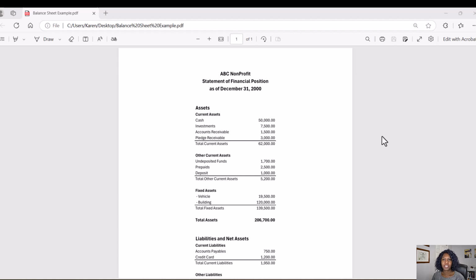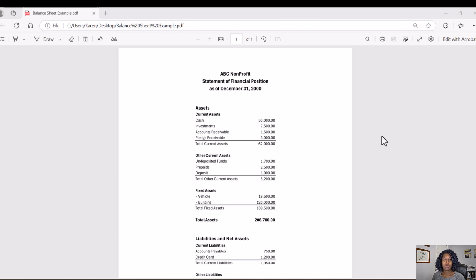Now, in my position, out of all of the financial statements, I believe the statement of financial position is the most important piece of financial information because it shows you where your organization is at a certain point in time. It shows how financially stable, how financially healthy your organization is.